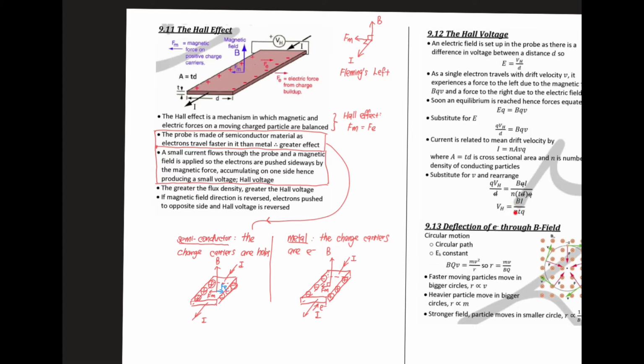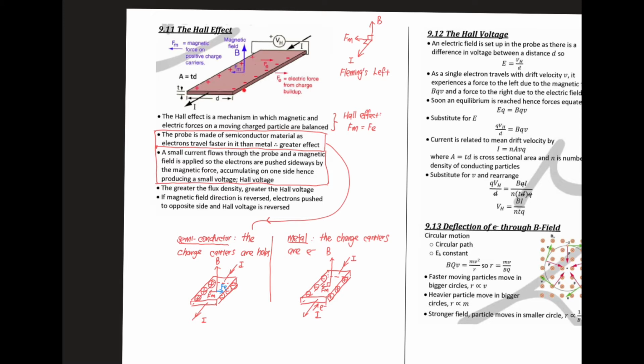We will look at this later, but now just try to understand this point. The greater the B, the greater the Hall voltage. Based on the formula, yes, it's true. Based on our explanation just now, when we try to understand everything, somehow it should be true also.